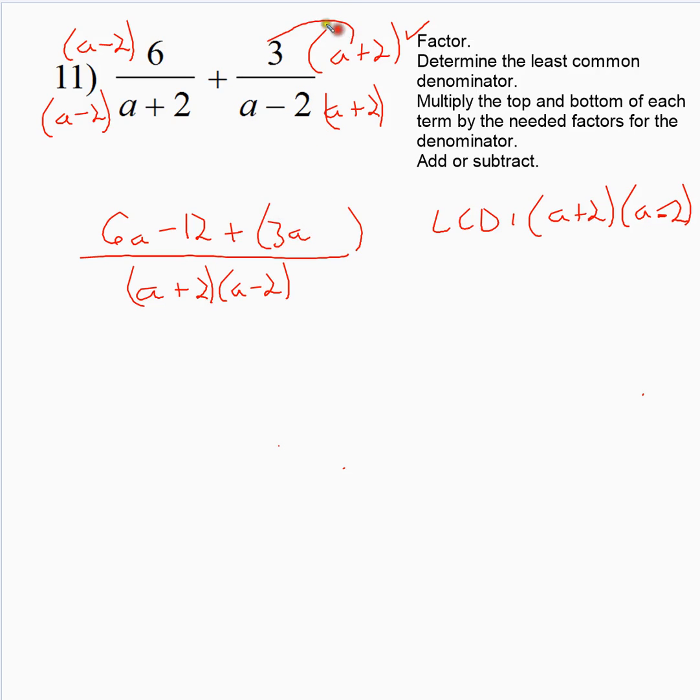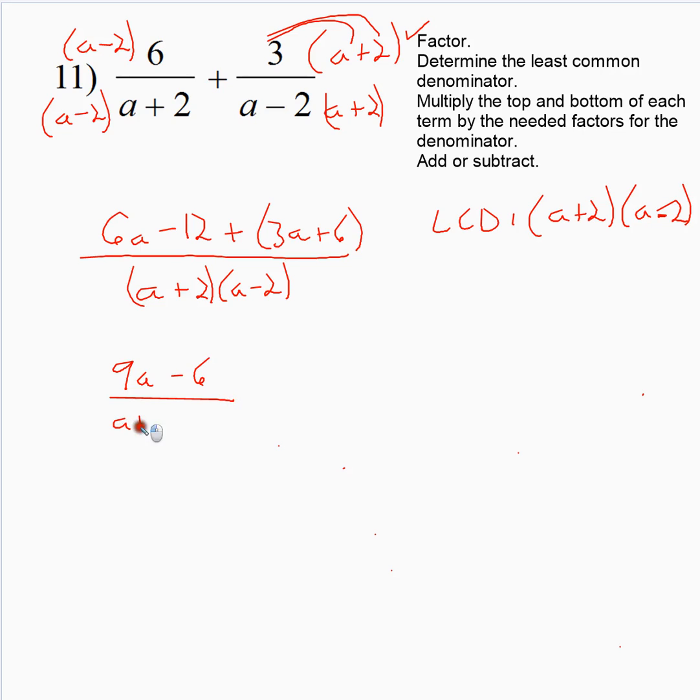So we're going to distribute the 3, and we get 3a plus 6. Now we can add, again, these parentheses weren't needed because of this addition sign. So we have 6a plus 3a is 9a, and negative 12 plus 6 is negative 6.